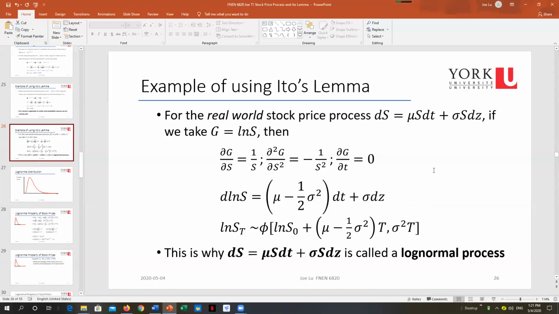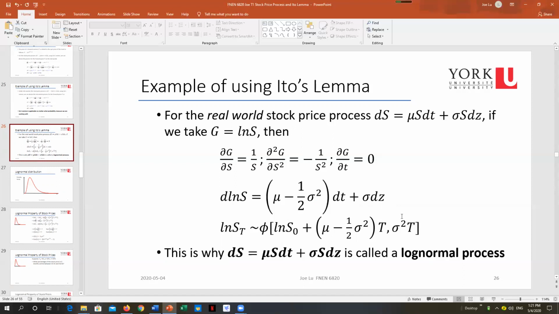So you will have a time here, current time, and a future time T. So it's the log of the stock price at the current time plus mu minus half sigma squared times T. So this is the expected value, or the mean here.